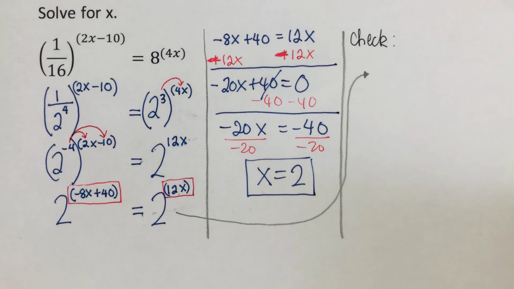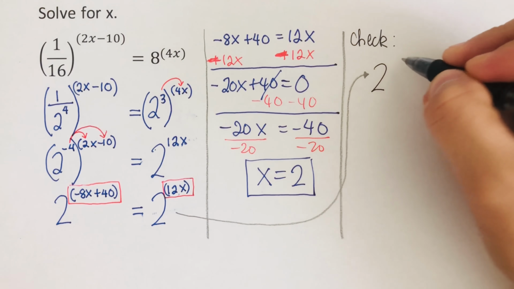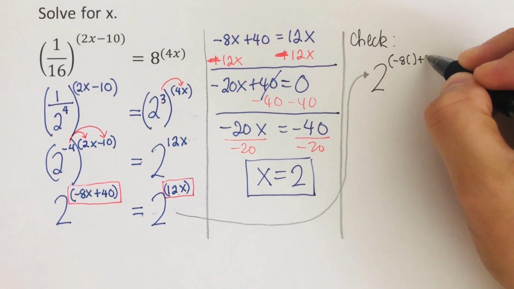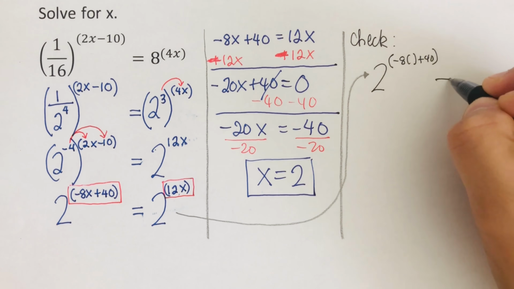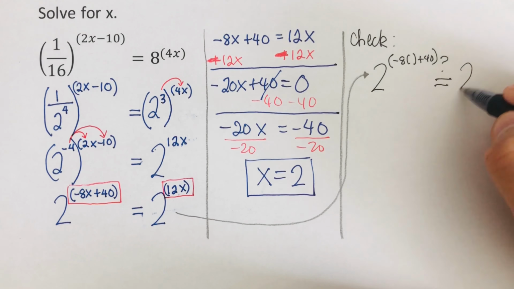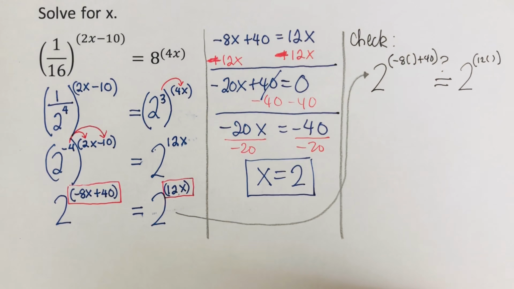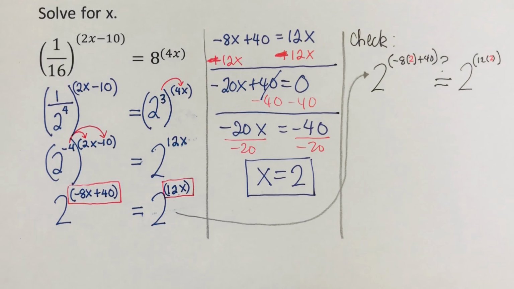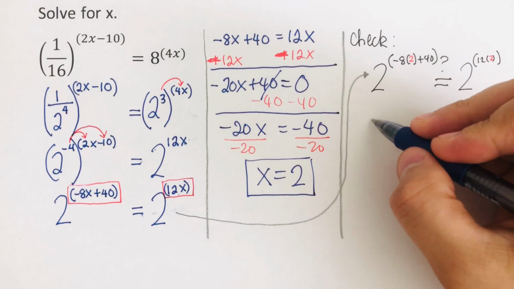So then we can go ahead and write 2 to the power negative 8, then we put in the 2 there, plus 40. Is that equal to 2 to the power 12, and then we put in the x that we got. So the x that we got here is 2, so I put in 2 here.